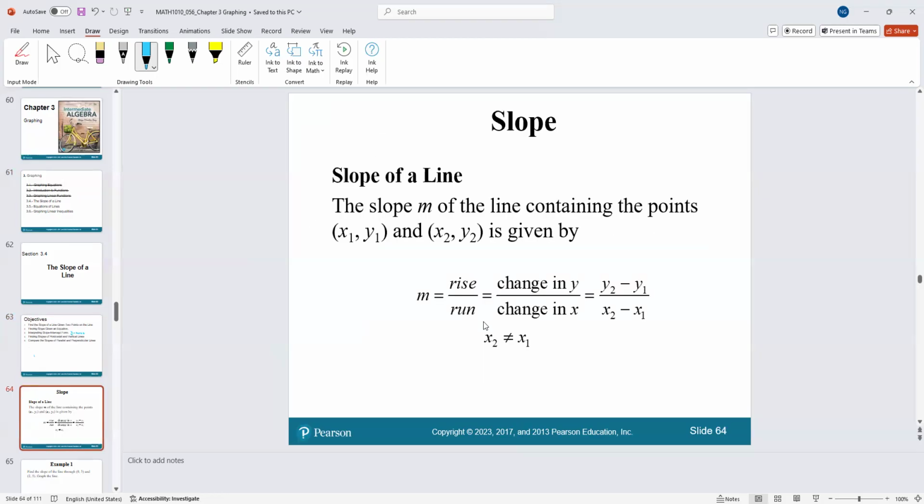But let's start first of all with the definition of slope. We're going to find the slope of a line given 2 points on the line. The slope m of a line containing 2 points (x1, y1) and (x2, y2) is given by this beautiful formula. I'm going to show you. Suppose we have a straight line on an xy plane.